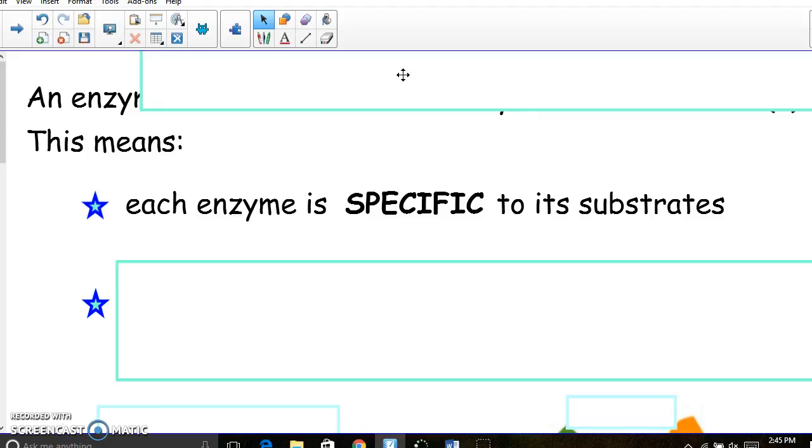And then the enzyme can make that chemical reaction happen quicker once they bind, kind of like the nutcracker. It'd be like if you only had a specific nutcracker for almonds and a specific nutcracker for pecans and a specific nutcracker for hazelnuts. Enzymes work that way. They're very specific to their substrate.